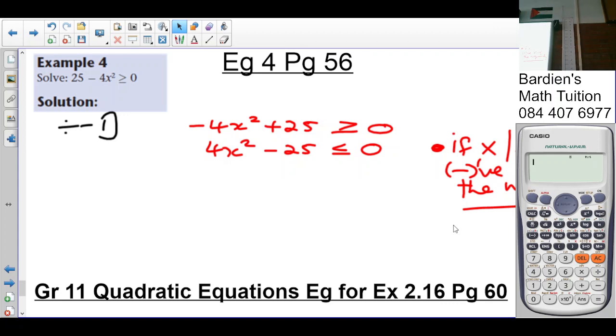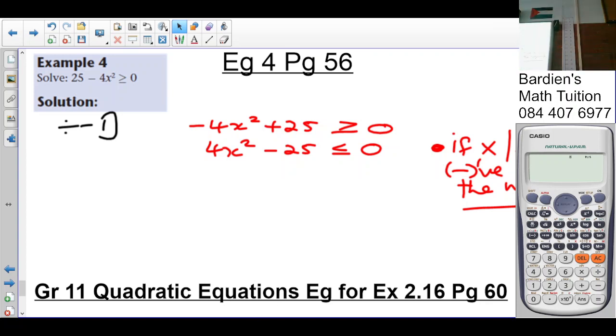So if it's more than, it becomes less than. If it's less than or equal to, it becomes more than or equal to. So what do I do from here? Factorize. I'll pause the video again and you do your thing.